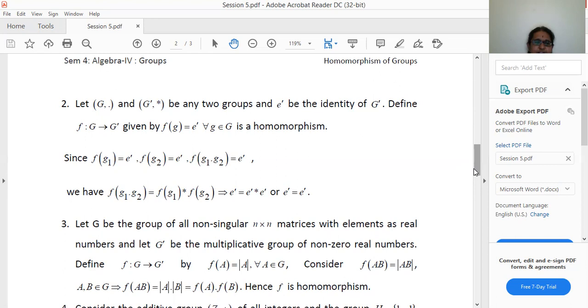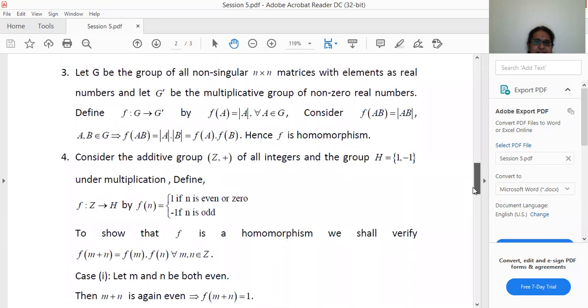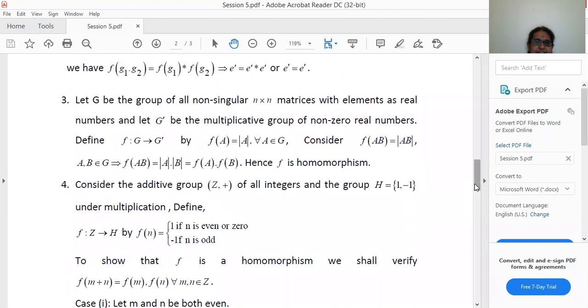Hence f is a homomorphism. So in this problem, instead of taking elements, we have taken the group consisting of all non-singular n cross n matrices with real entries. Again here we have used the definition of homomorphism.